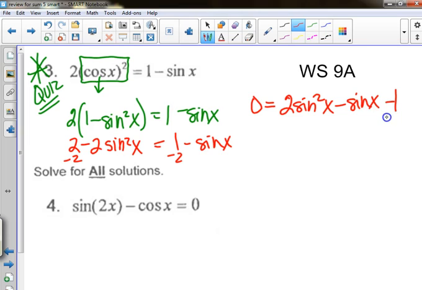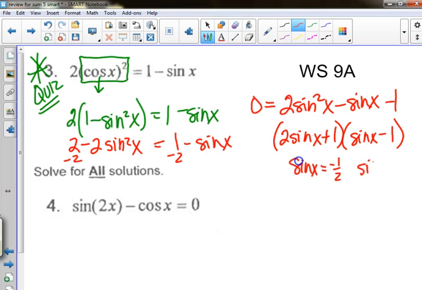Or all the opposite signs if you went the other way, but I like my squared term to be positive. So then it factors 2 sine x and a 1, sine x and a 1. Let's see, we need a negative positive, I think. We good?